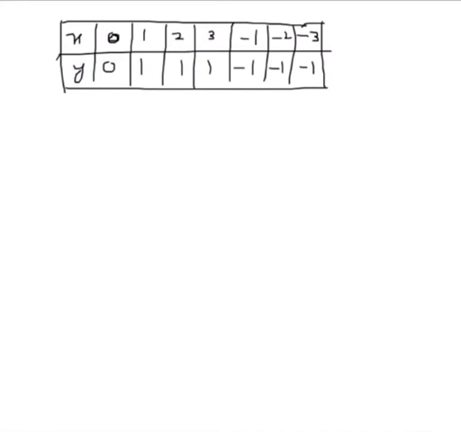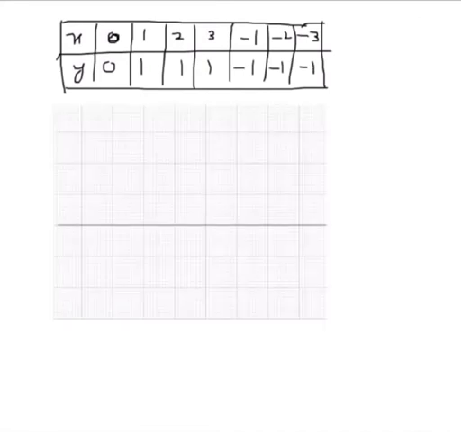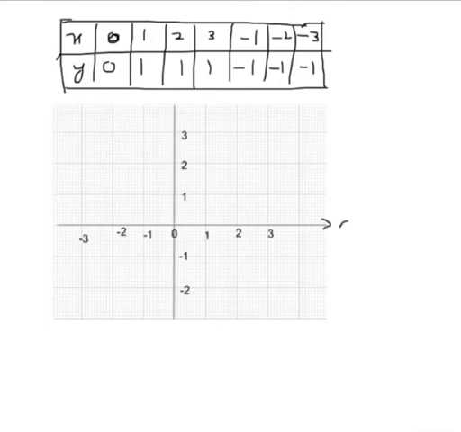Let us plot these points. X-axis, y-axis. Let us plot the points. 0, 0 is one part of the graph, and for 1 it is 1, for 2 it is 1, for 3 it is 1.